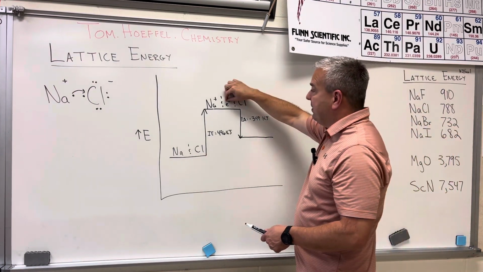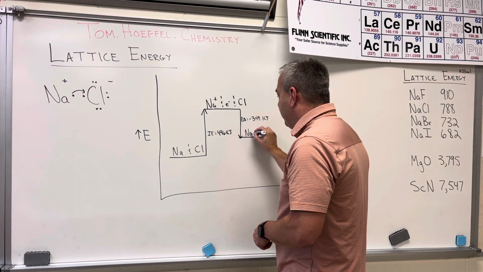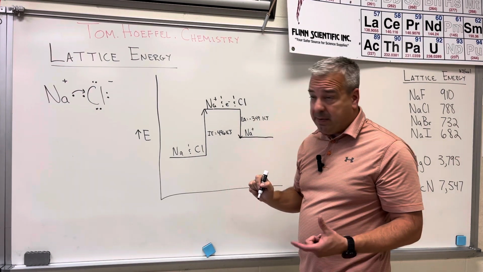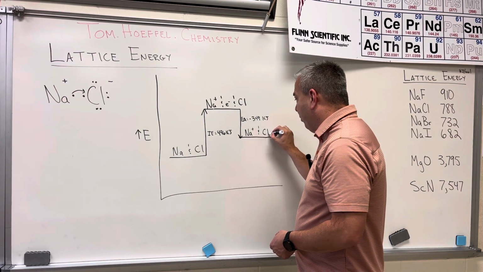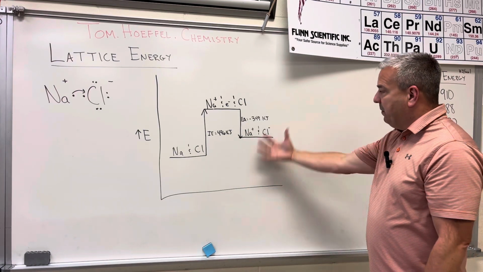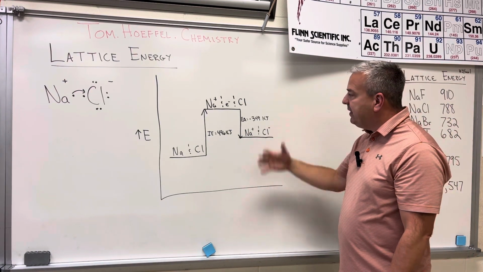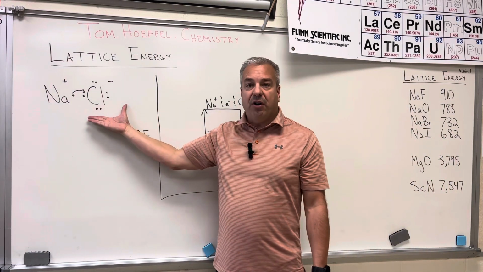Now, what that leaves us with is the electron now on the chlorine. So what I have right now is a sodium ion that's positive because we tore the electron off, and then we have a chloride ion because we put the electron on the chlorine. And when I look at this, it really doesn't make a lot of sense as to why this would ever occur.